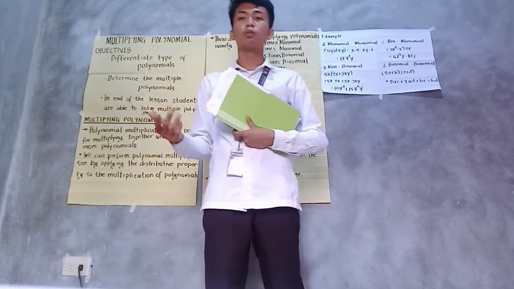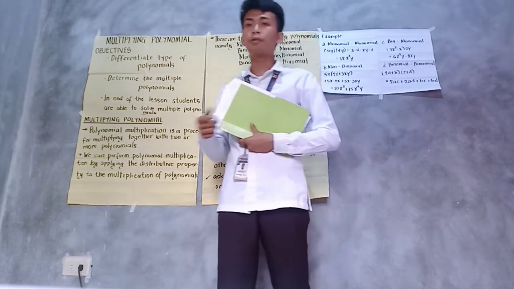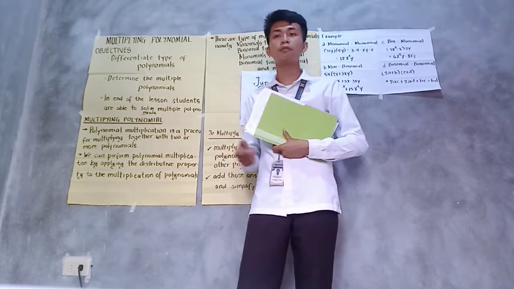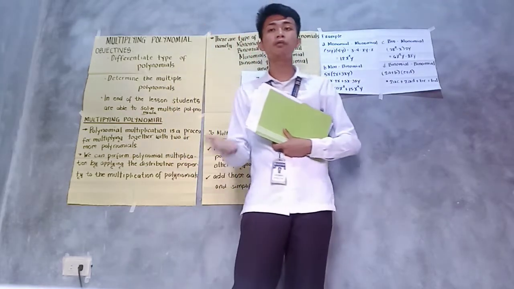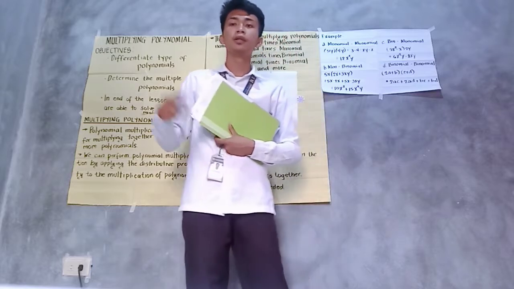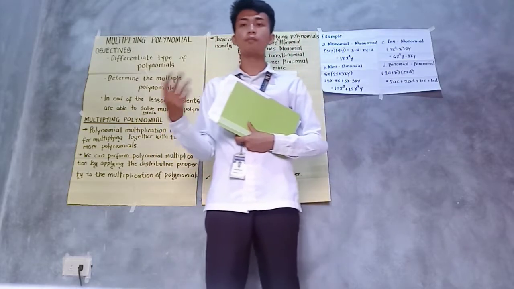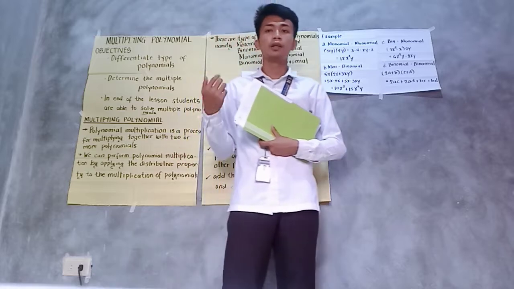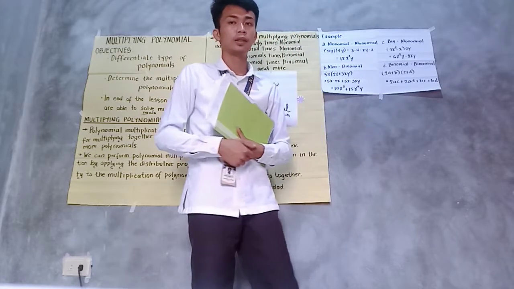Now, how to subtract polynomials? First, reverse the sign of the term we are subtracting. Or in other words, turn positive into negative, then negative into positive, and add as usual.